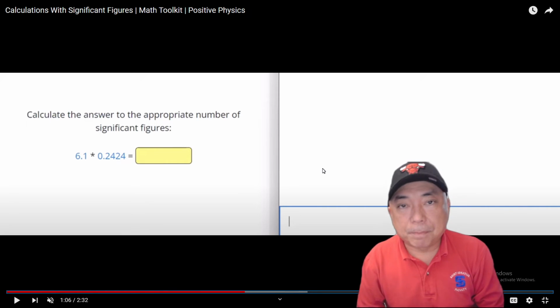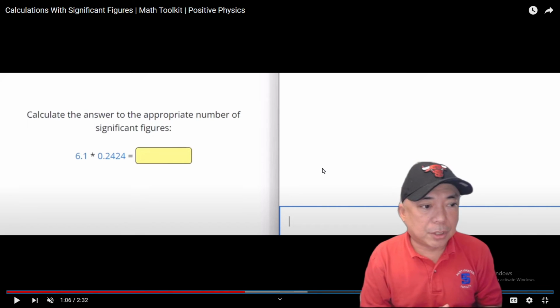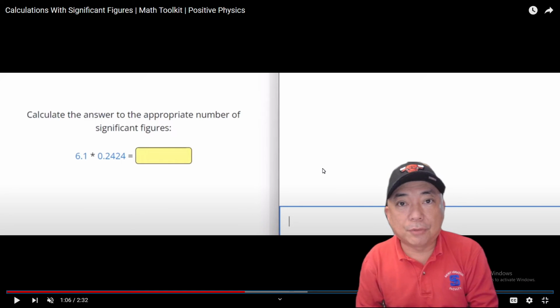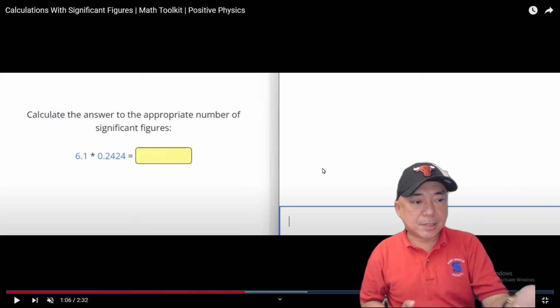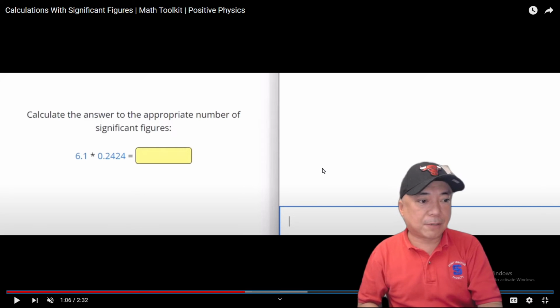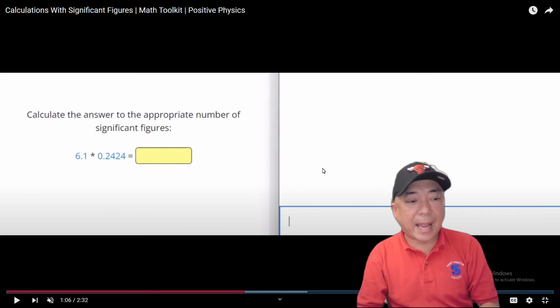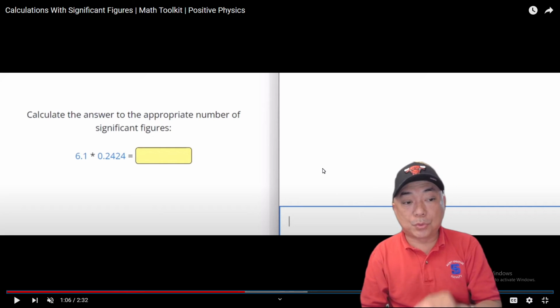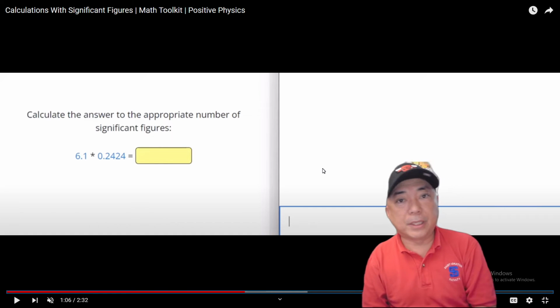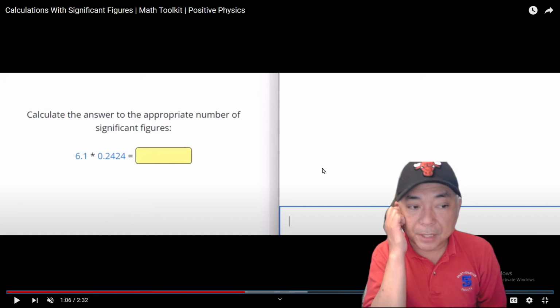For multiplication and division, we make use of the least significant figures. In this case, 6.1 has the least significant figures of the 2 factors. So 6.1 multiplied by 0.2424, the answer should have 2 significant figures.